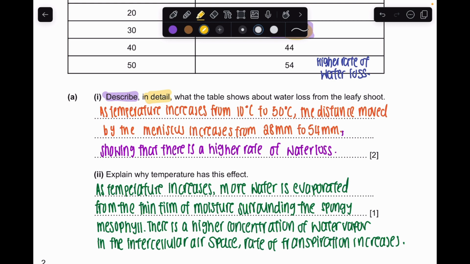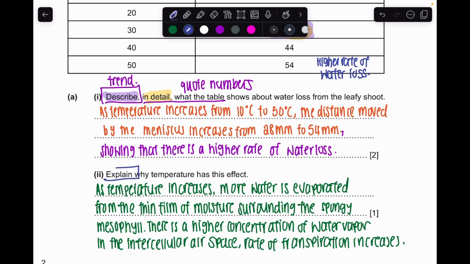So when they phrase the question this way, in detail means that you need to be able to quote numbers again. And describe here means you just tell me the trend. I do not expect any explanation. The explanation will come in part 2 of the question over here.